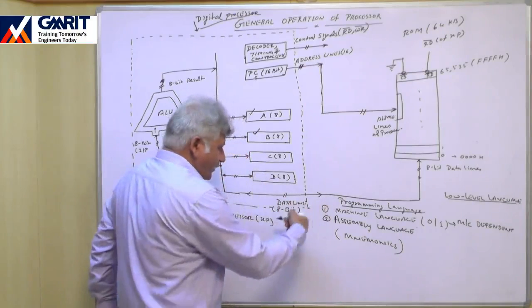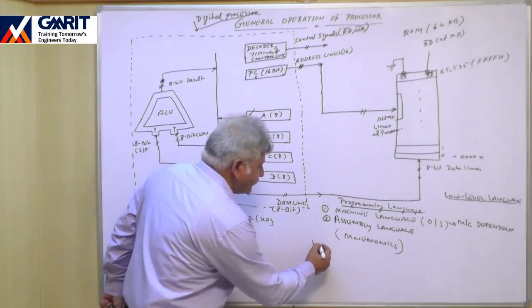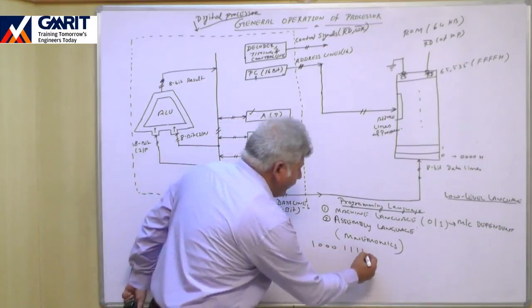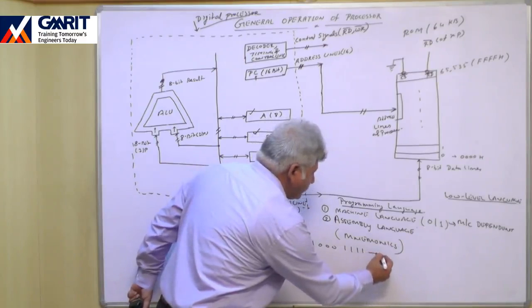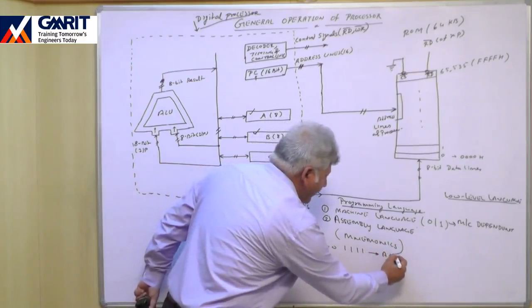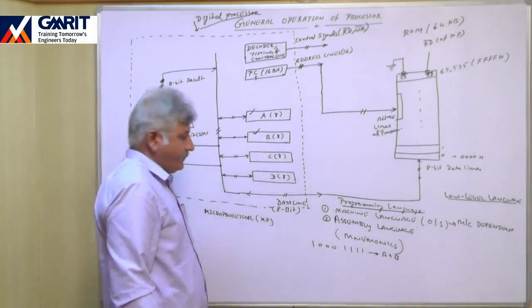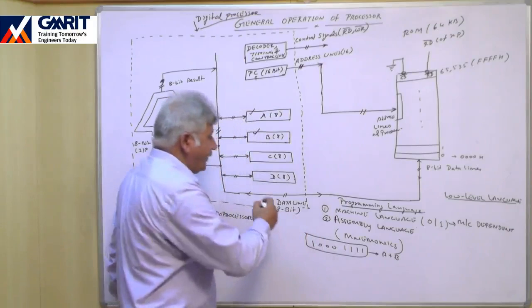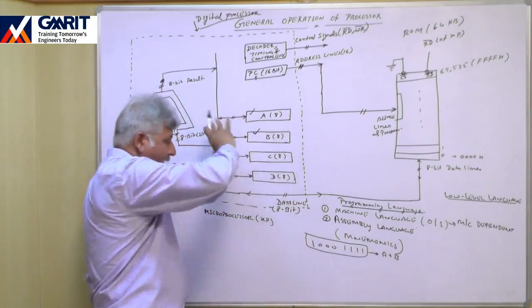For example, just now we discussed 1 0 0 0 1 1 1 1. Suppose this is used to perform addition on A and B. This binary pattern is used to perform addition over A and B. A and B content has to be added.